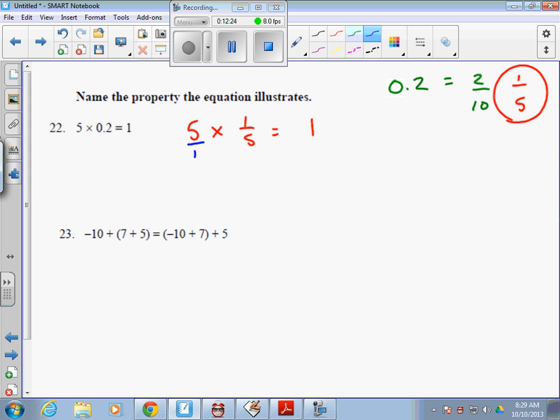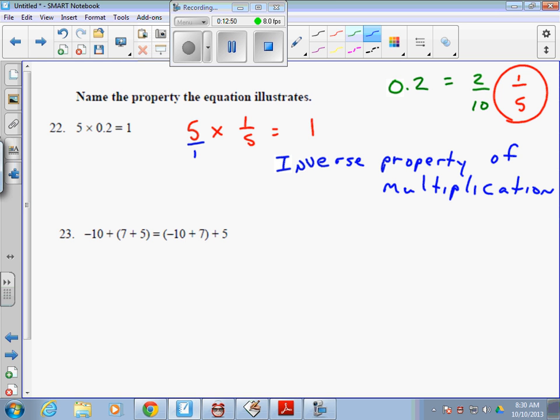So what that is, it's a multiplication of its reciprocal. 5 over 1 times 1 over 5. So that is the inverse. This is the inverse property of multiplication. And we actually had one like this that showed up on last week's study guide. We took it off. But all of this is the inverse.